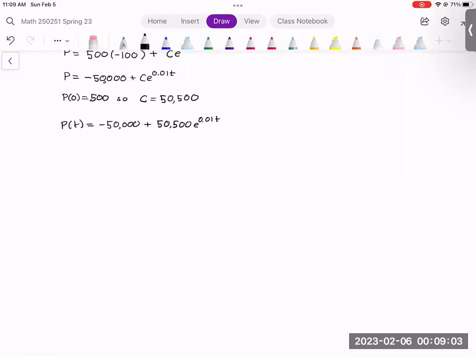So our time now is 10 years later. And because all of our rates were expressed in terms of months, we're going to be looking at 120 months.